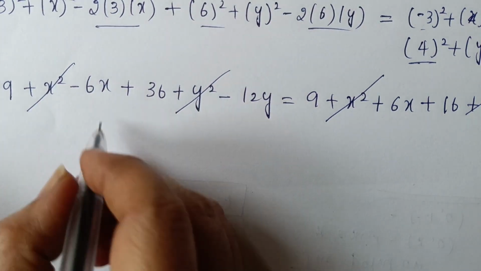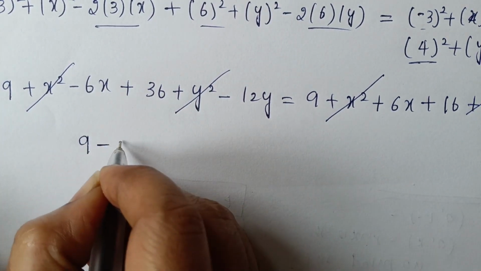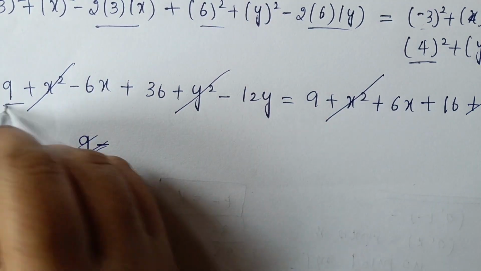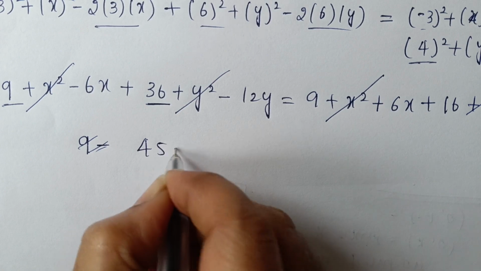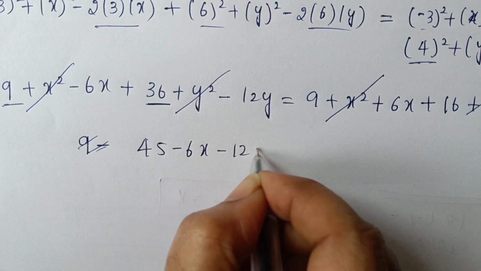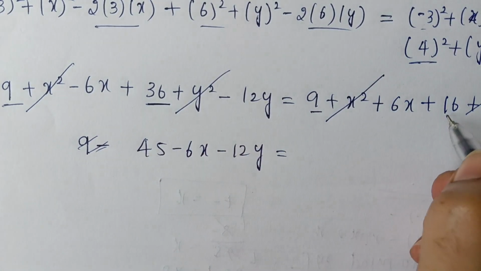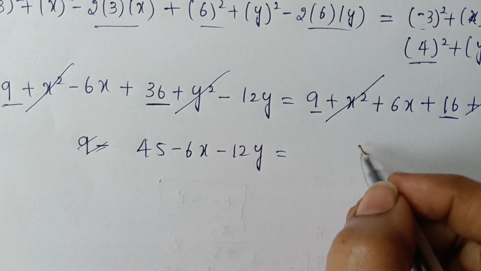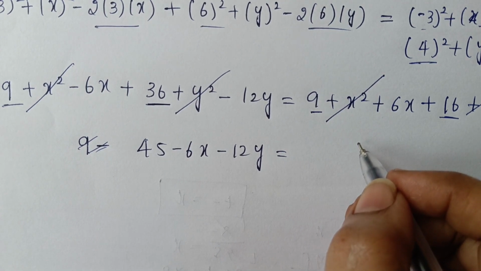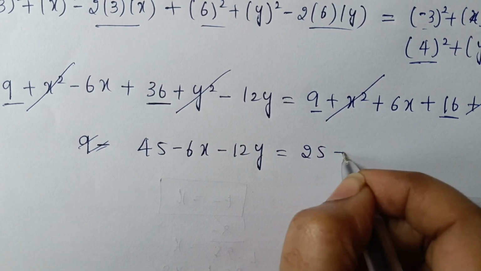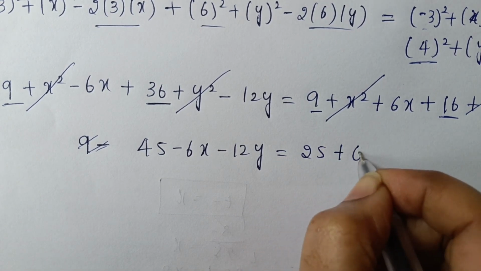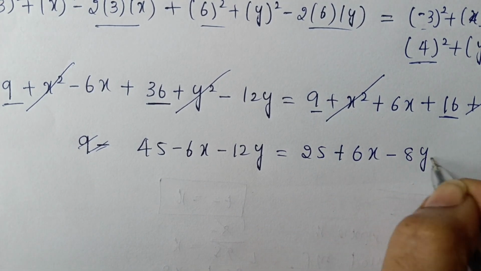Okay, and we are left with 9 and 36, 45 minus 6x minus 12y is equal to 9 plus 16, 25 plus 6x minus 8y.